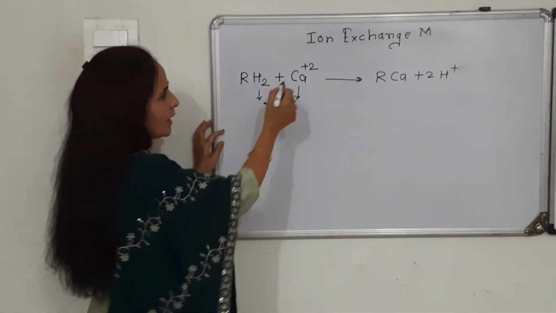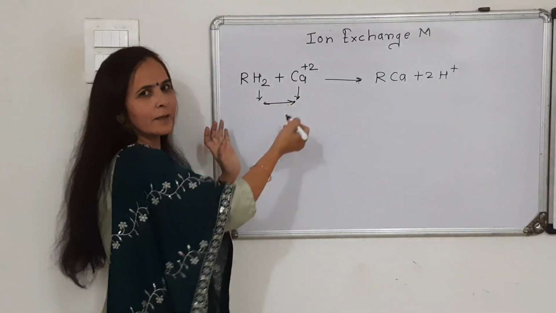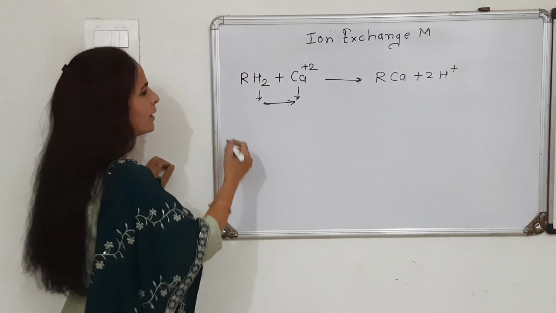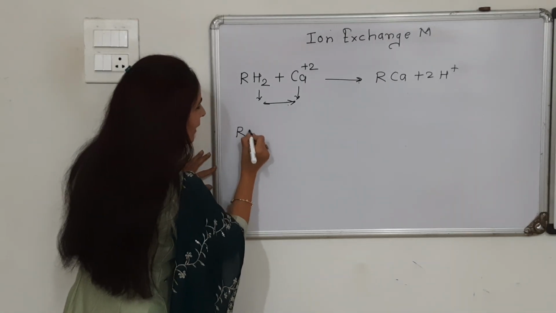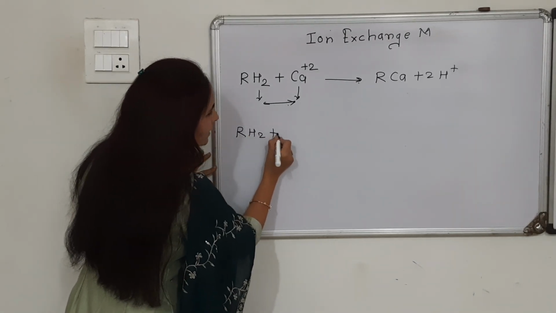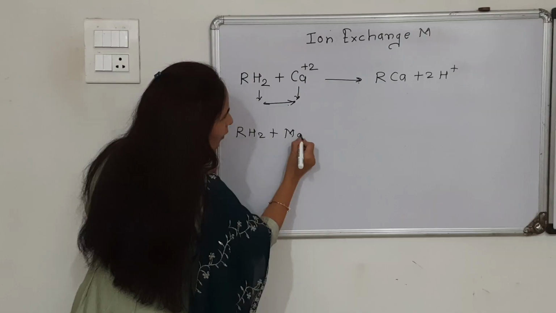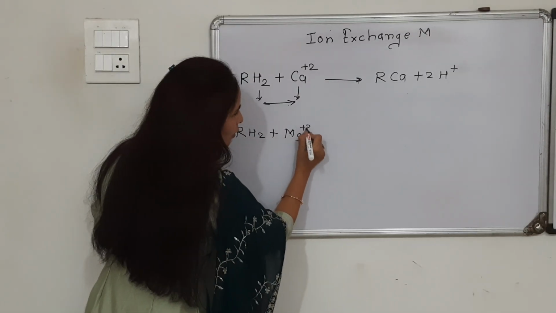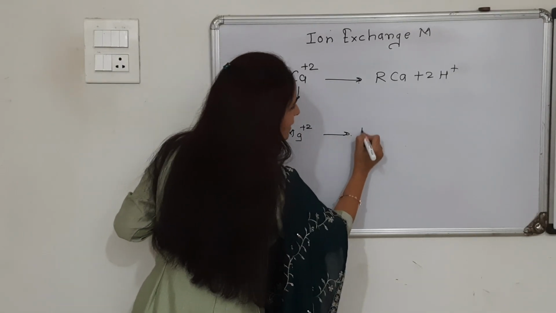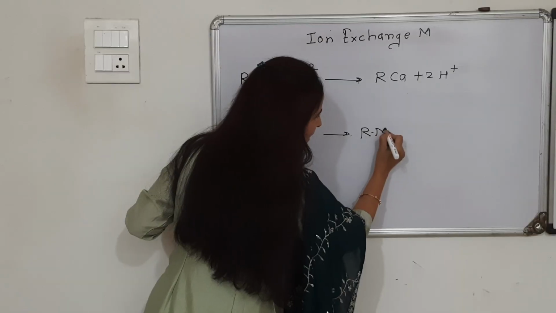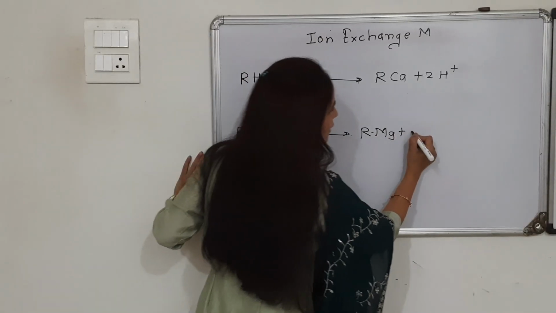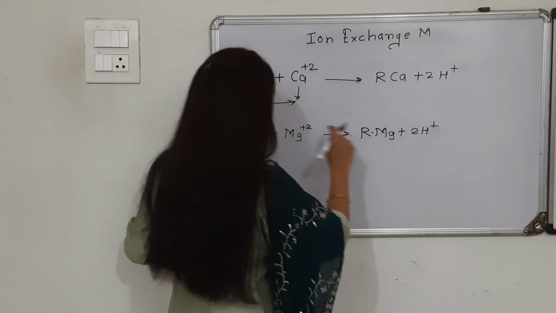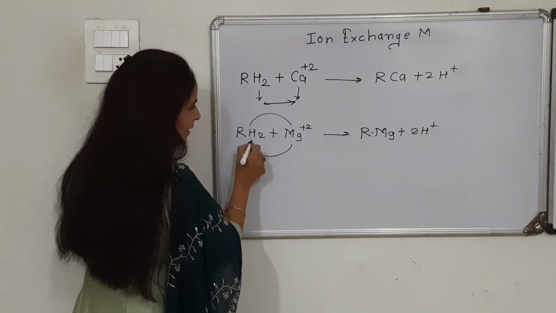Here the exchange of ions takes place. Suppose we take another example, RH2 plus magnesium, Mg2+. Then there is a formation of RMg plus 2H+, meaning the exchange of ions takes place.